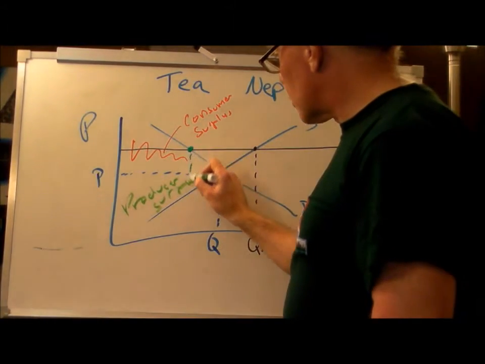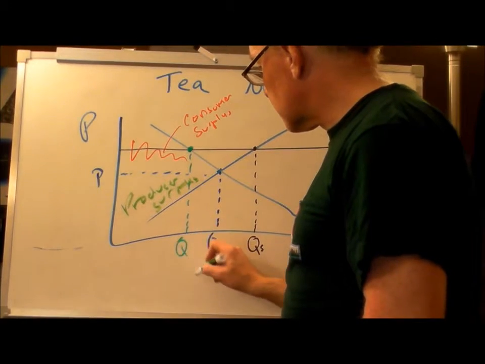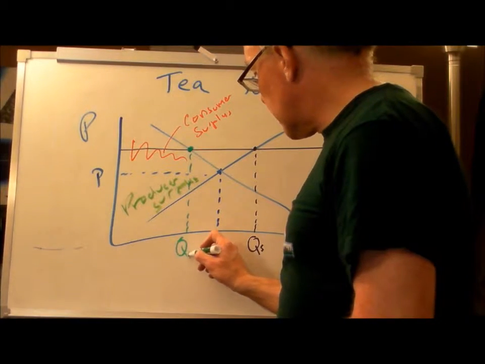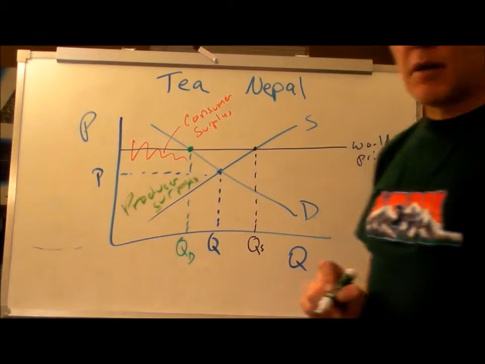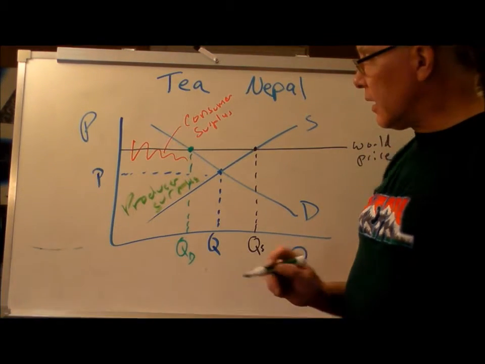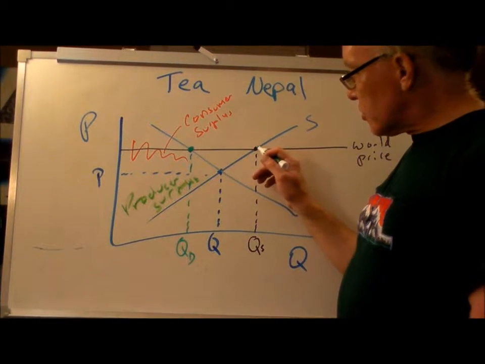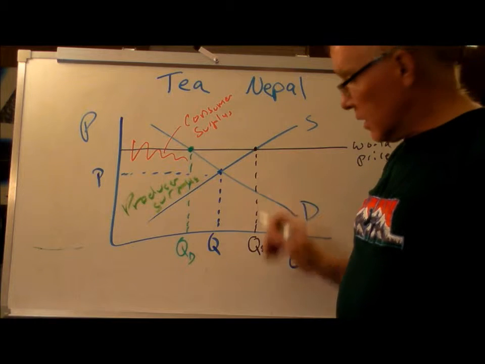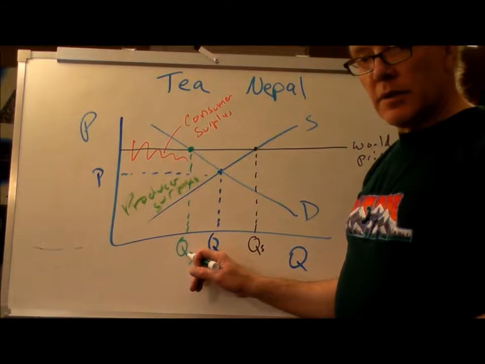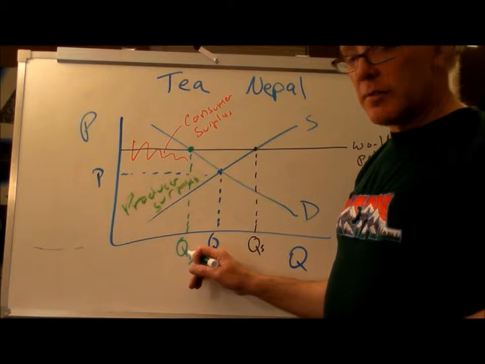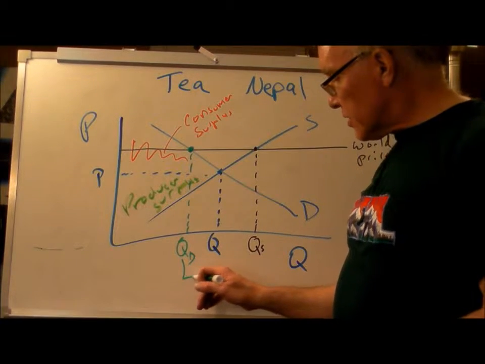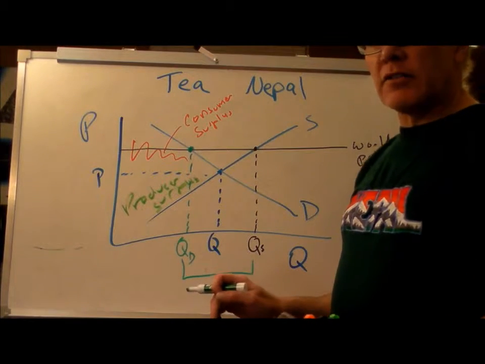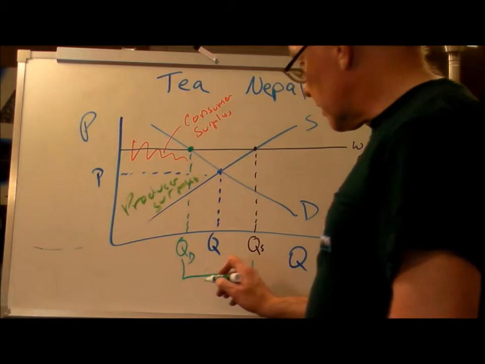So this is going to be the quantity of tea demanded at the world price by the people of Nepal. And so the producers are going to produce this amount. The Nepalese are going to drink this amount of tea. And the difference is going to be the amount of tea that Nepal is going to export.